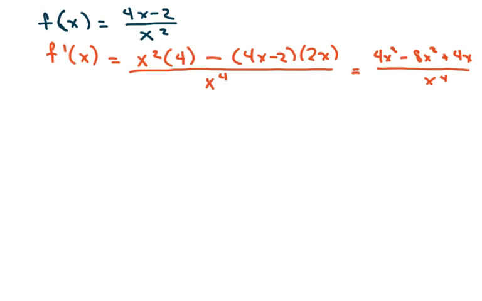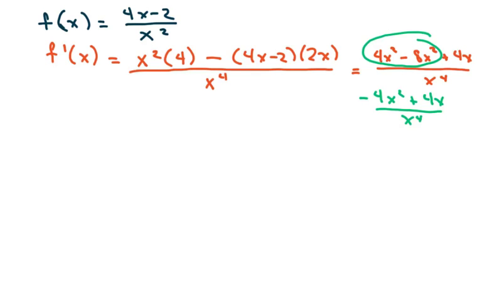So, you clean that up, you're going to get these two equal negative 4x squared. Basically I'm just going to factor out 1x.